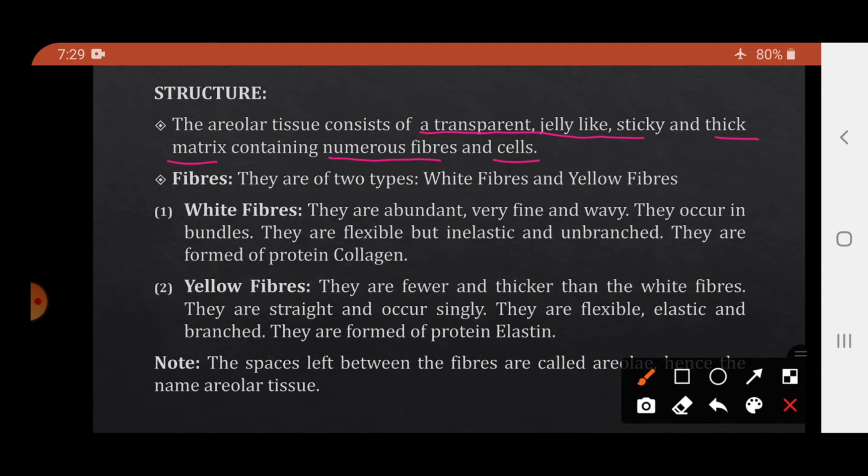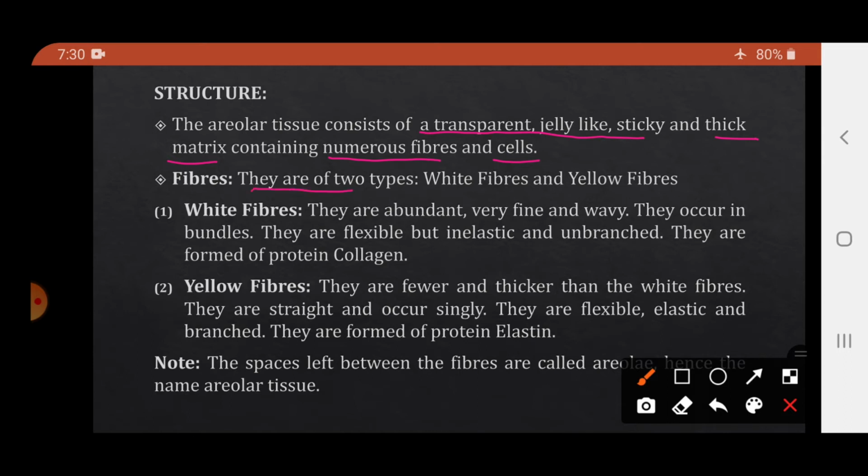Between the cells and fibers. So ये जो matrix है, ये जो ground substance है, it is which type of ground substance? It is transparent, jelly-like, sticky and thick. And this ground substance, or you can say matrix, it consists of a large number of fibers and cells.